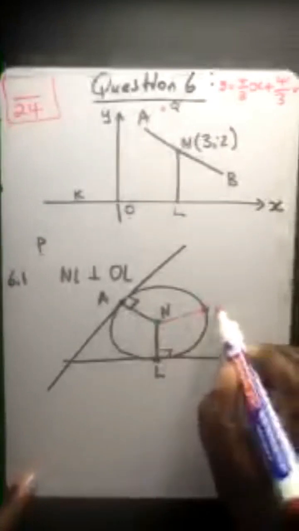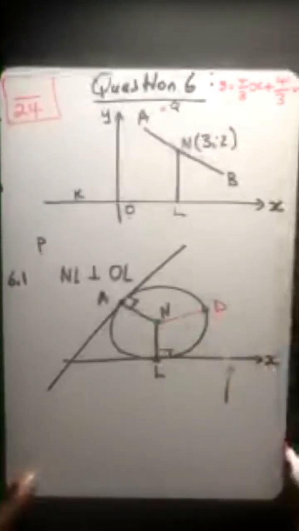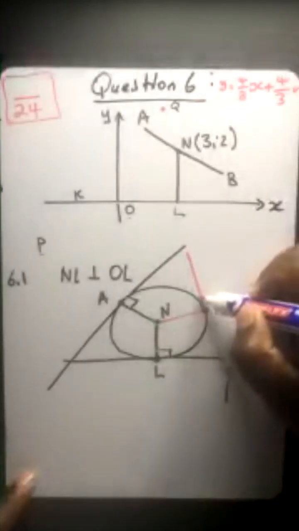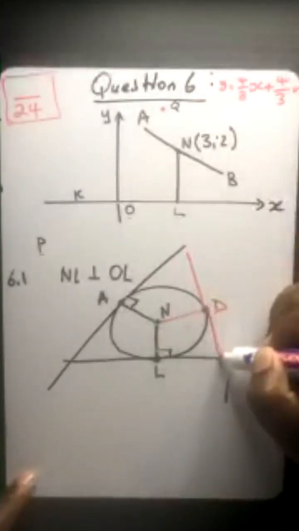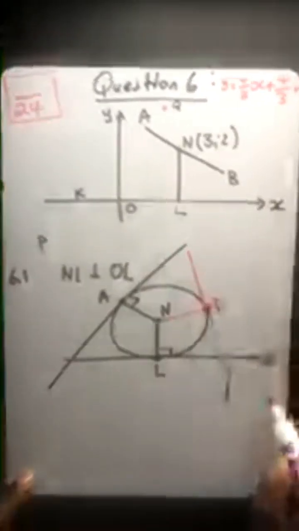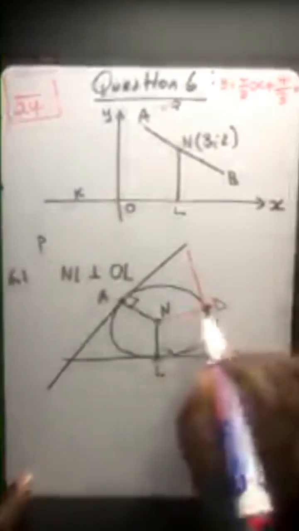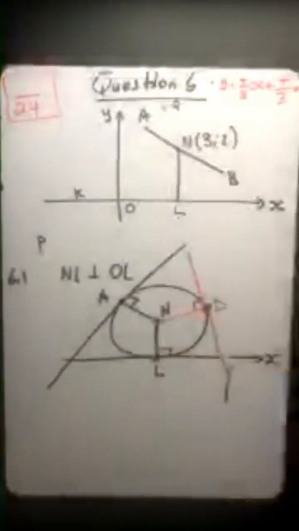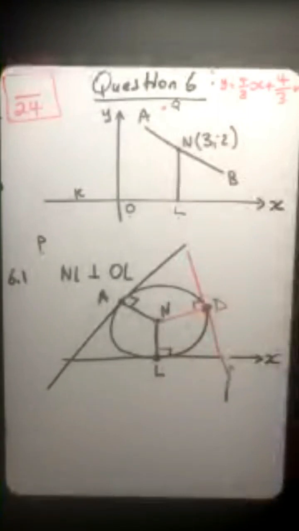Let's call this point D for Desmond. So what I'm saying is, the moment you have a straight line touching that point D, automatically the radius and that line at that point form a 90-degree angle. Does it make sense, guys? What I'm actually explaining there? Does it make sense?